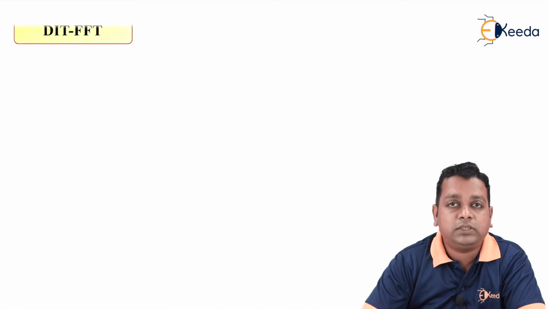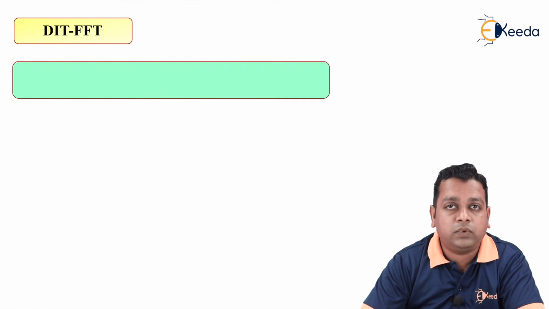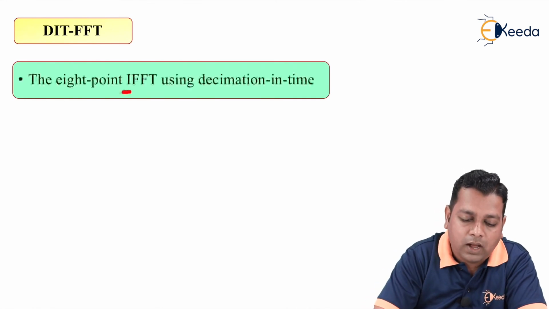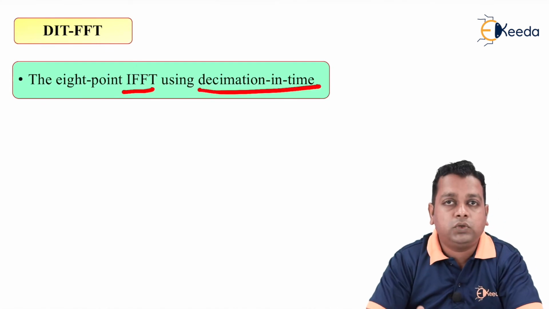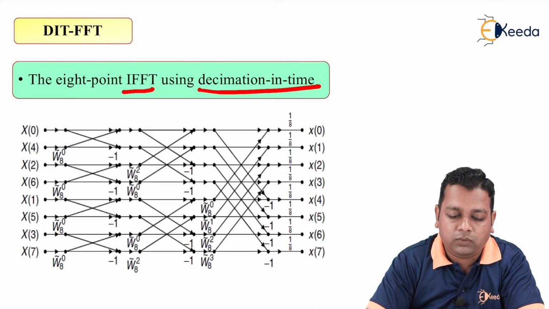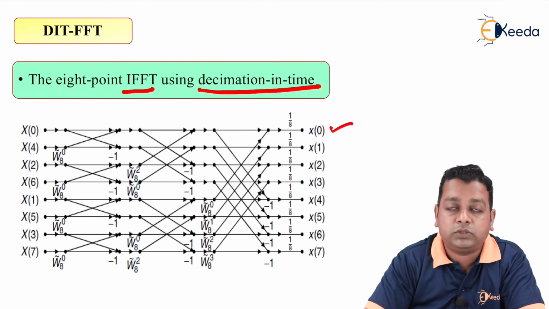In a similar fashion, if we like to have the inverse transformation, we can call it the IFFT algorithm. Using decimation in time, the 8-point IFFT algorithm in the iteration form can be represented as a chain. You can notice that the IFFT provides us the time domain signal.